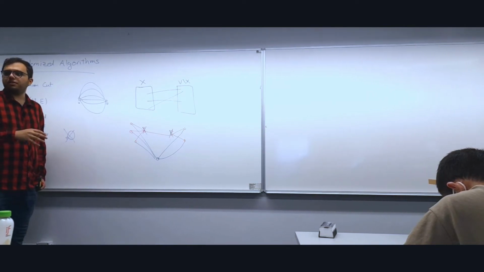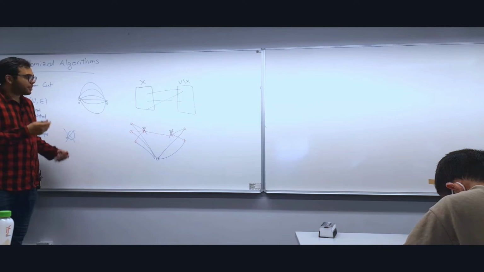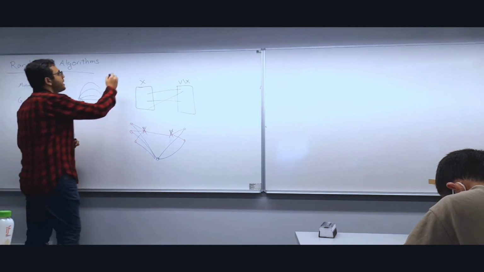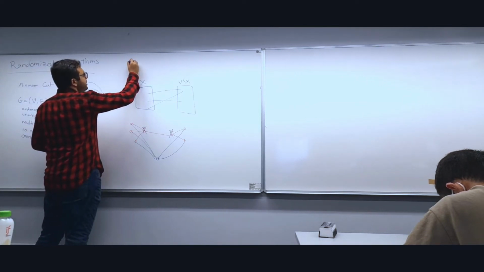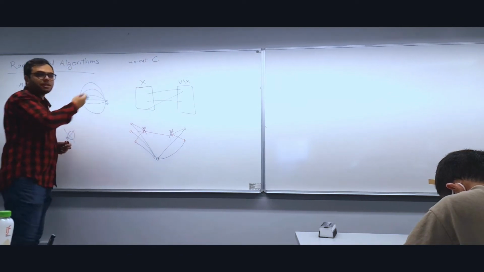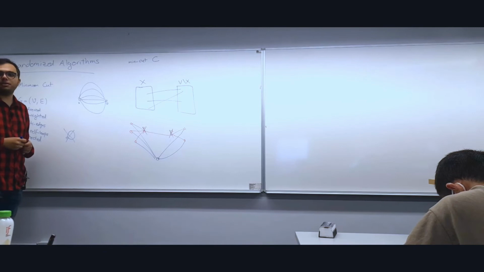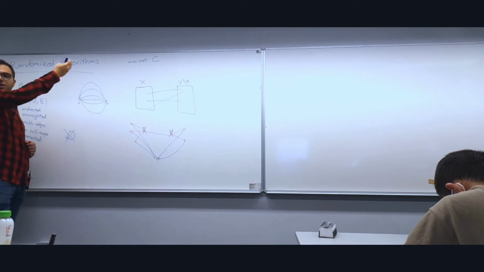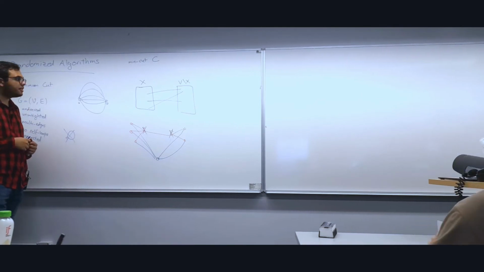So I'm just going to fix some minimum cuts. So let's say that I magically know some minimum cut, and let's say that I'm talking about that minimum cut. So let's say that there is a minimum cut C. And I don't know how to compute it, but I can mathematically talk about it, right? So let's say that I've just fixed a minimum cut C, even though I can't compute it.